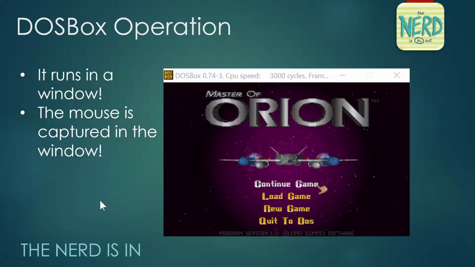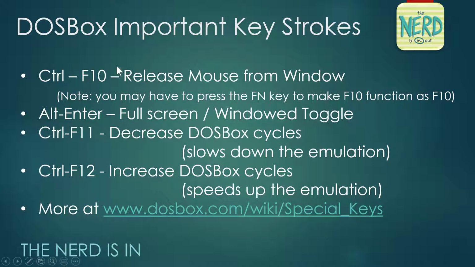So just running the game in its default mode, it's running windowed at its original resolution, which gives you a very small window. And you can't move the mouse outside of the window. So how do we overcome that? And that's worth learning some keyboard shortcuts. So Control F10 will release the mouse from the DOSBox window so you can go back to Windows and operate normally.